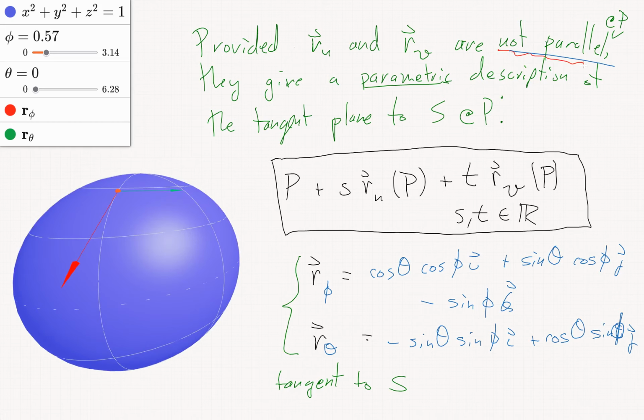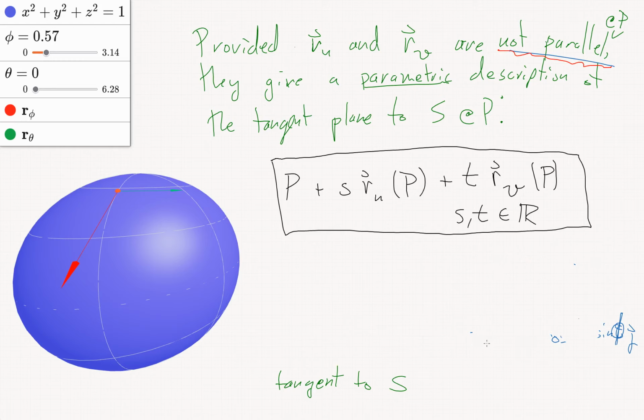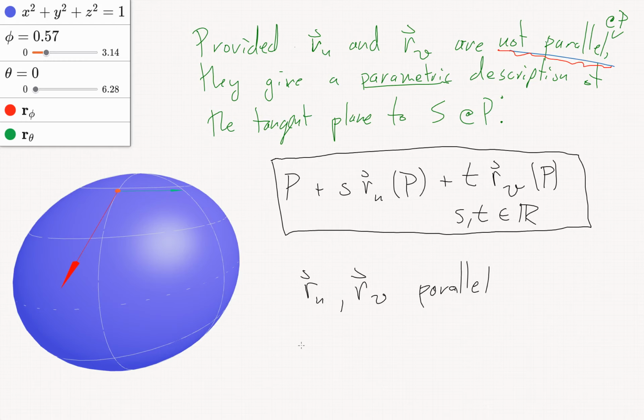Okay, so recall that two vectors are parallel if and only if their cross product is 0.